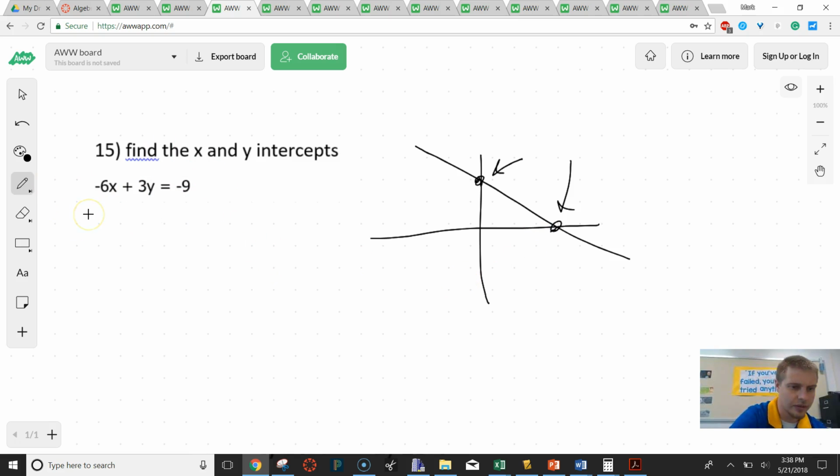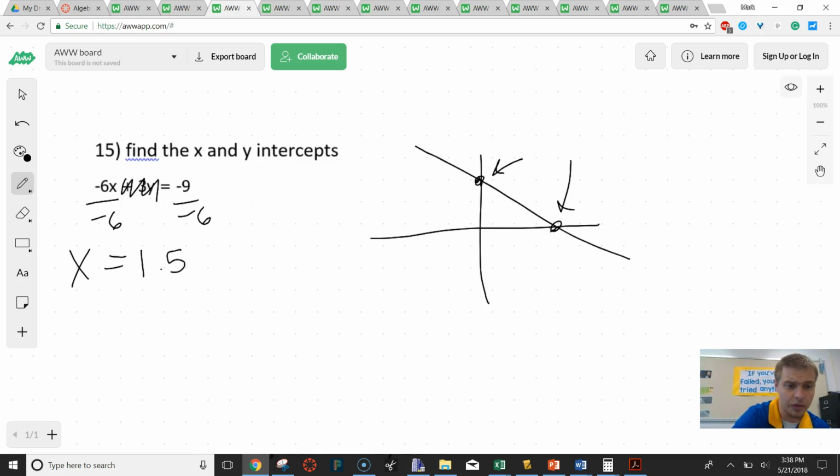So if I want to find what the x-intercept is, I'm going to cover up that y value. And then when we solve this, like negative 6x equals negative 9, we would get x to be 1.5.